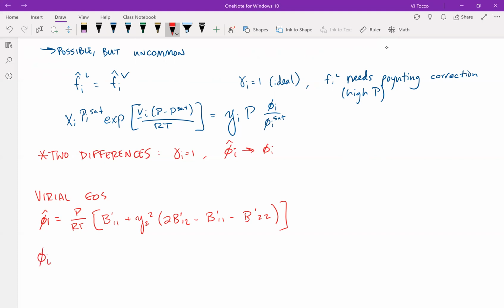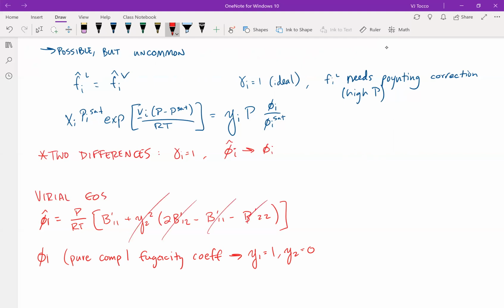So for phi 1, which is the pure component 1 fugacity coefficient, because it's pure, y1 is equal to 1 and y2 is equal to 0. So if y2 is equal to 0, all this stuff drops out.